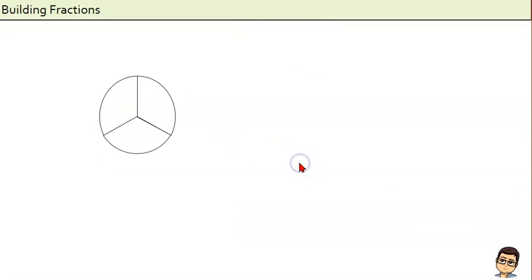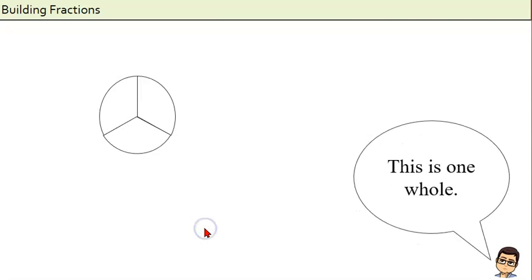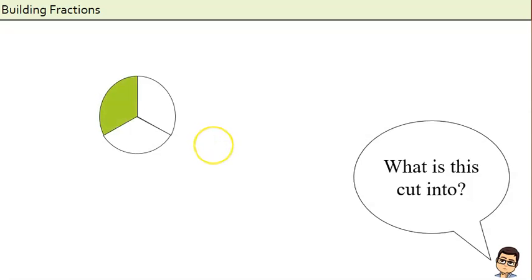Let's keep going. I have this circle right here, and I know this is one whole circle. But how many pieces is it cut into? What's my unit fraction? Go ahead and answer that. Well, sorry, not yet.